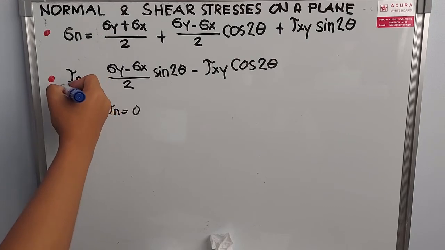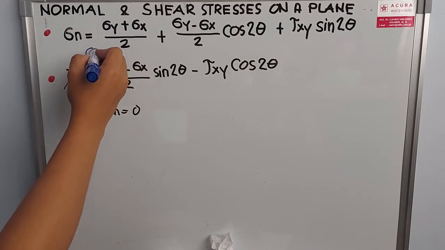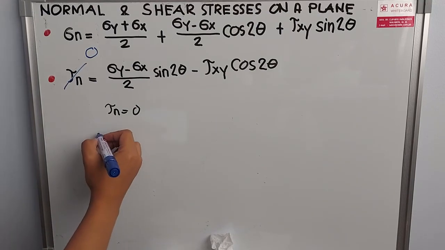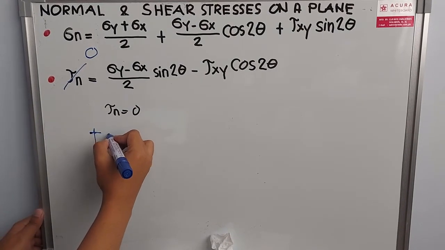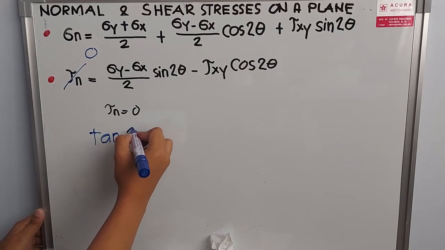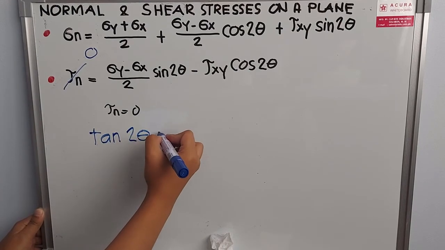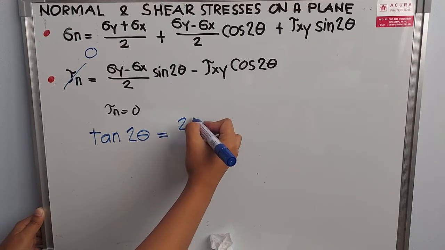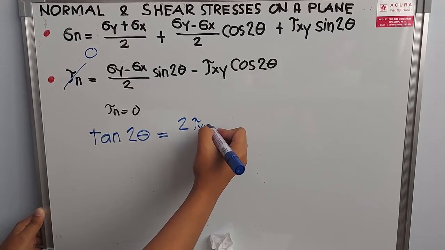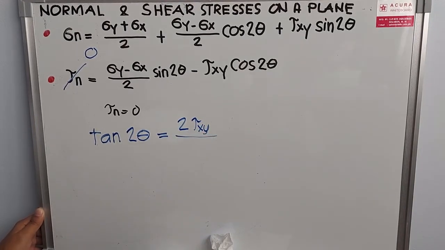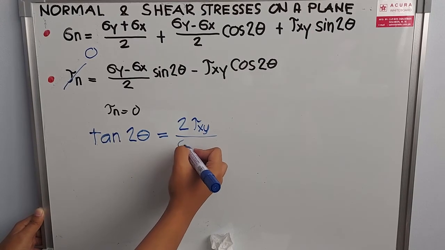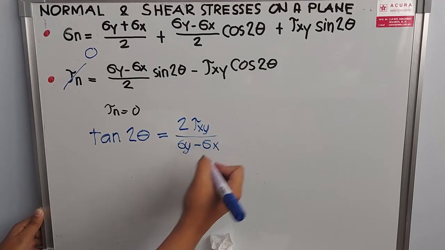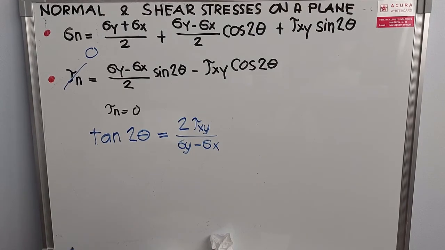If we substitute 0 for shear stress, we come up with tangent 2 theta is equal to 2 times shear stress along xy divided by normal stress along y direction minus normal stress along x direction.